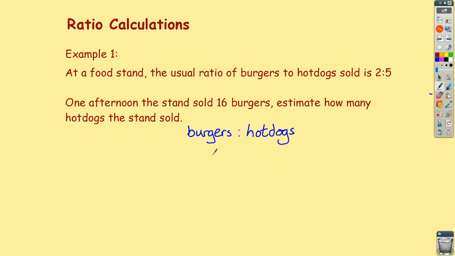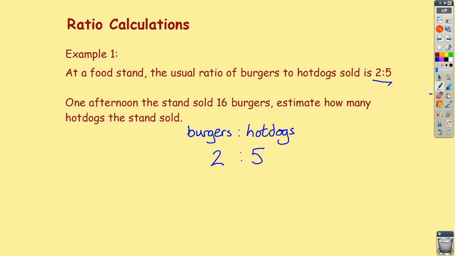Okay, and we've been told in the question, it's up here, that ratio is 2 to 5. So that's always step 1, identify your ratio. Okay, and remember it's important which way around you write a ratio. The ratio of burgers to hot dogs being 2 to 5 means the ratio of hot dogs to burgers would not be the same thing. It would be 5 to 2, totally different ratio.